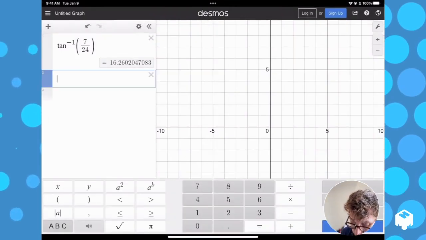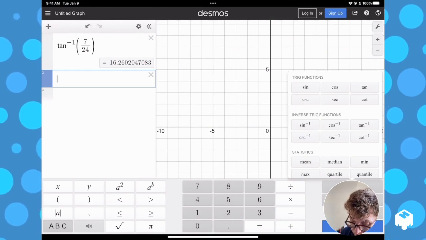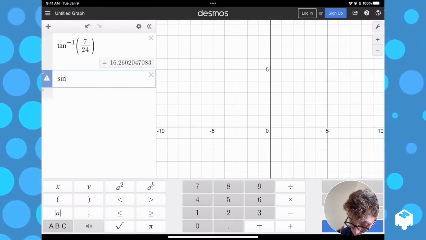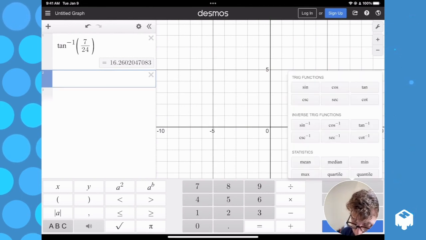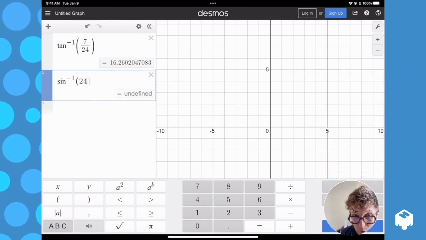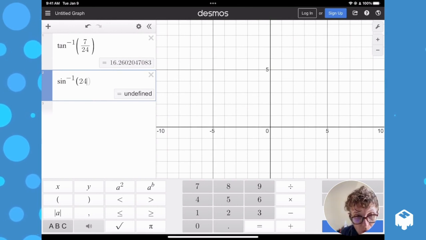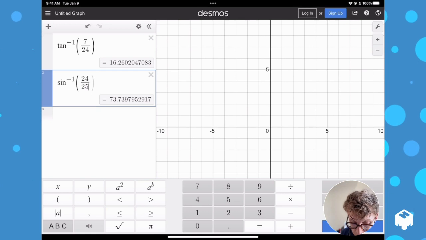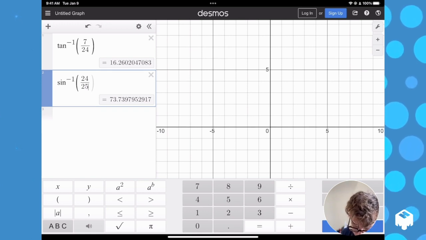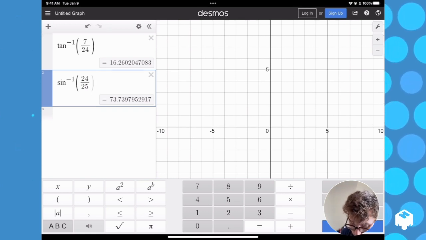So I'm going to type in, let's make sure we're using the right function, inverse sine of 24 over 25. And I see I get 73.74, or if I was rounding that to a tenth, that's 73.7.